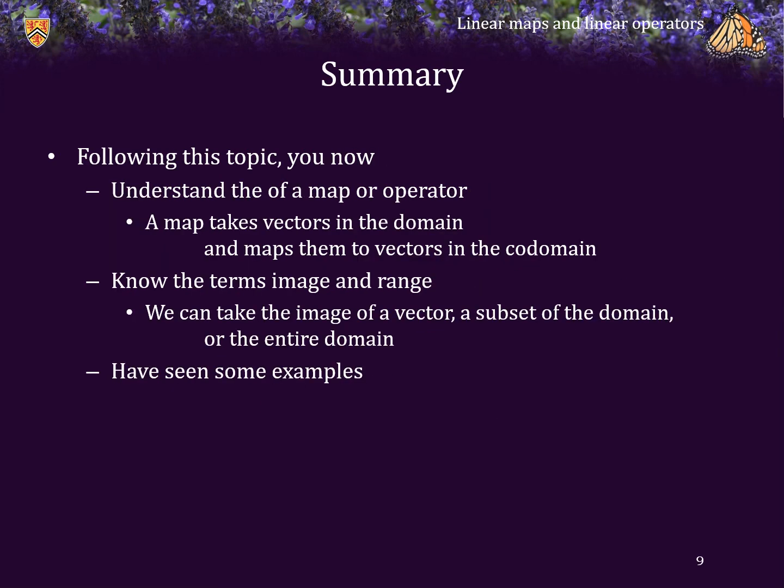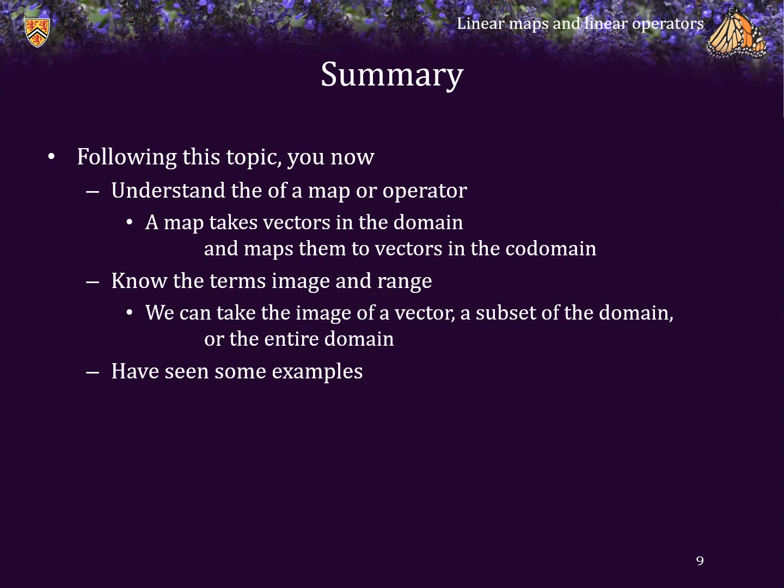So, following this topic, you now understand the idea of a map or a vector between vector spaces. A map takes vectors in the domain and maps them to vectors in the codomain. An operator is, of course, when the codomain equals the domain.